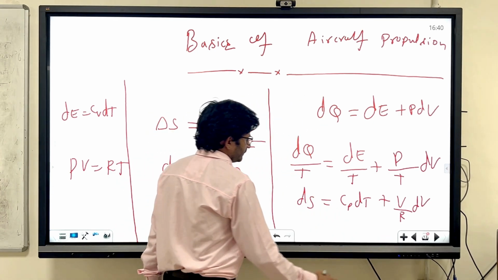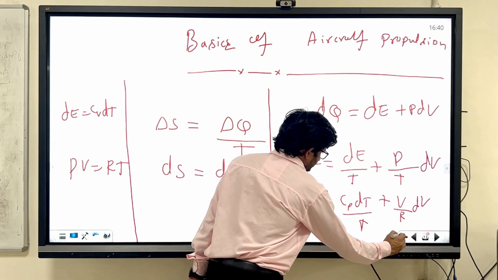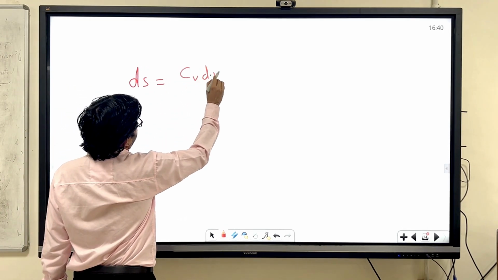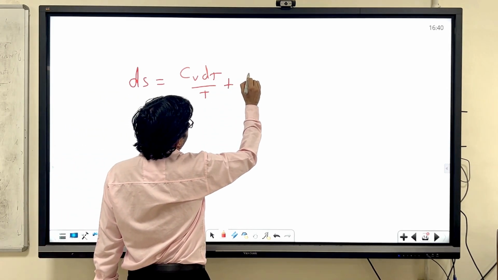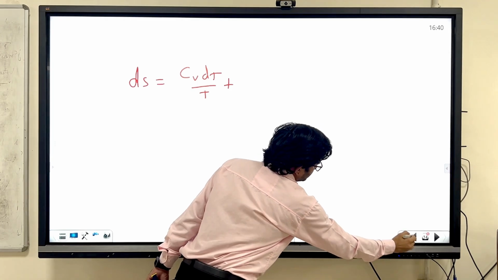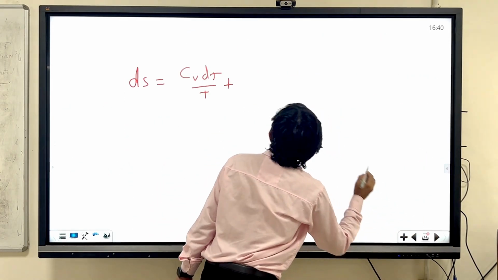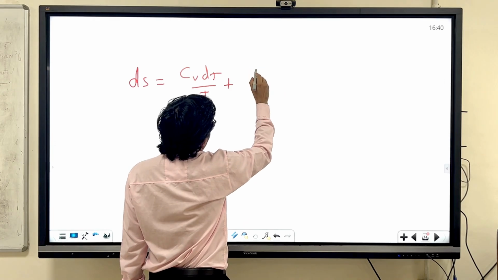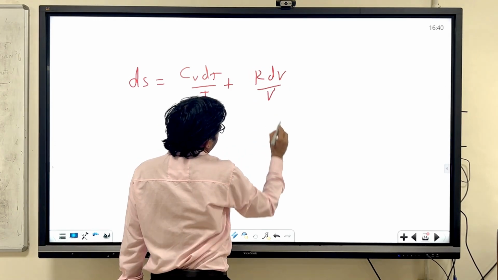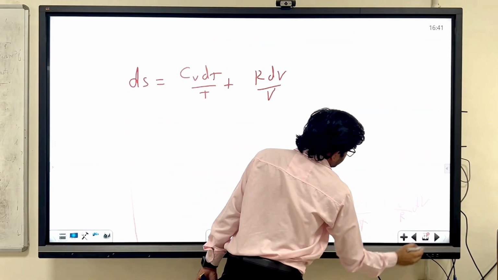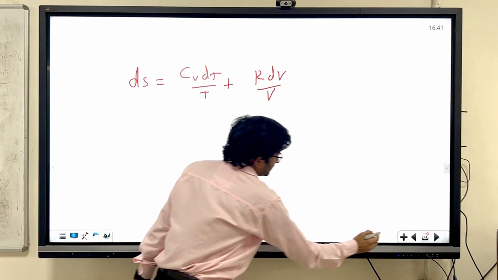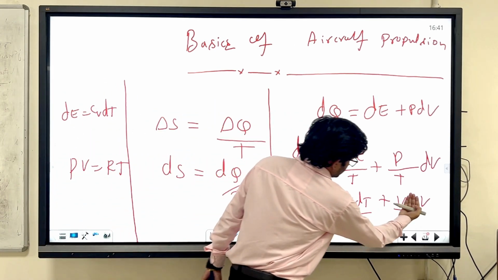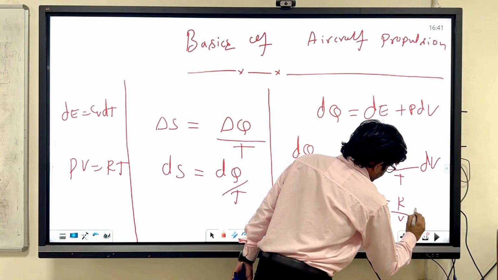So we can write ds equal to cv dT by T plus R dv by v. Let me check. Okay, p by T is R by v.